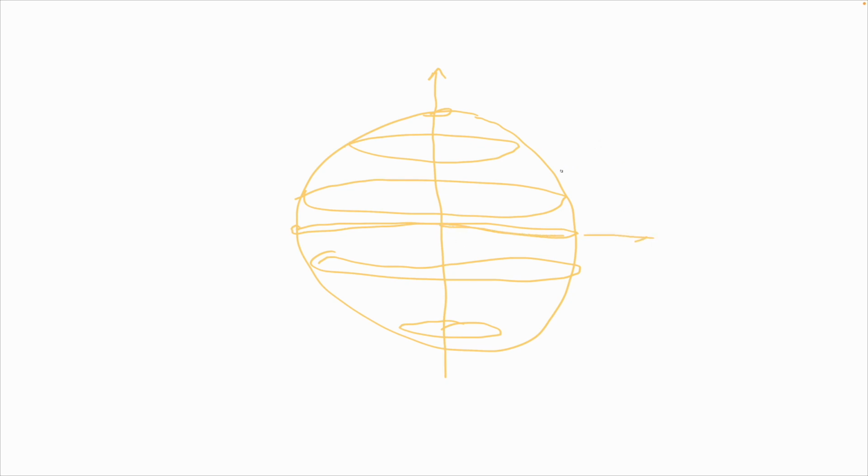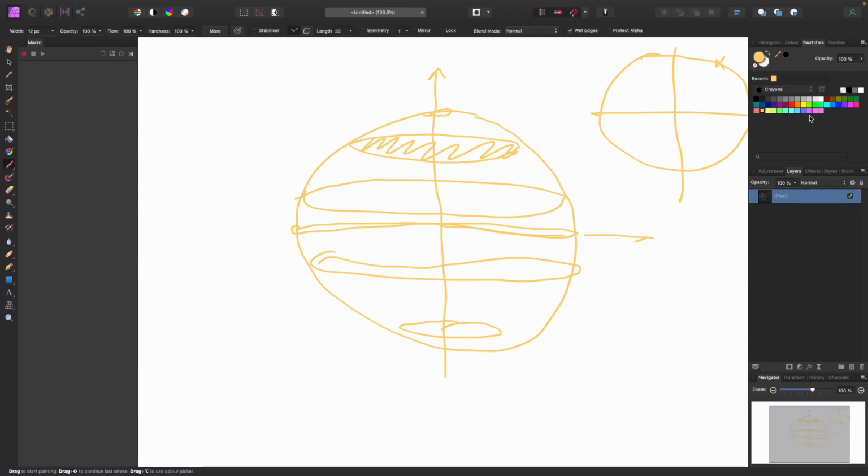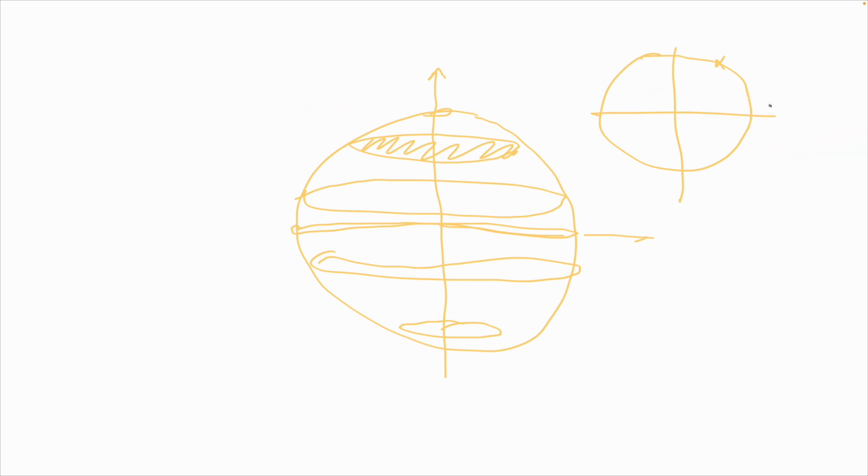And what we can do is we can say, right, let's take a slice across that sphere, which will be a circle, and we could say that for a point, let's say there's a point here, we could define x, y and then z up that way.